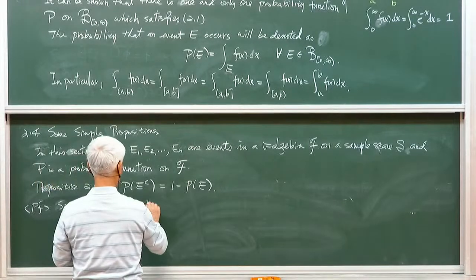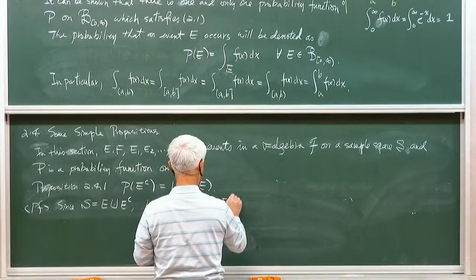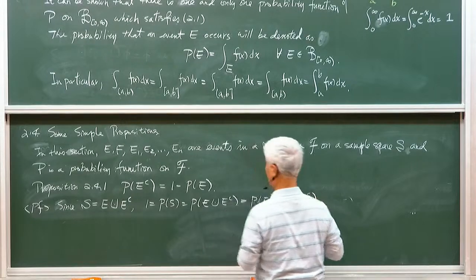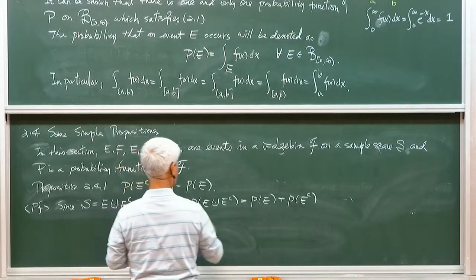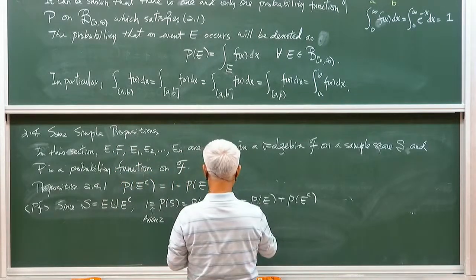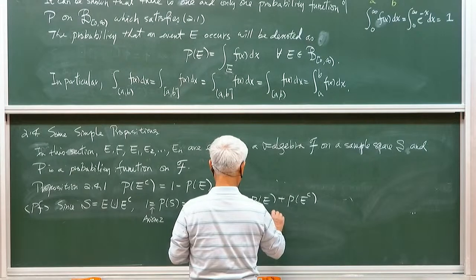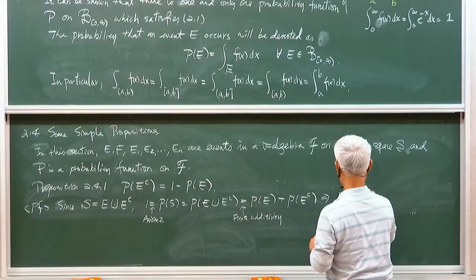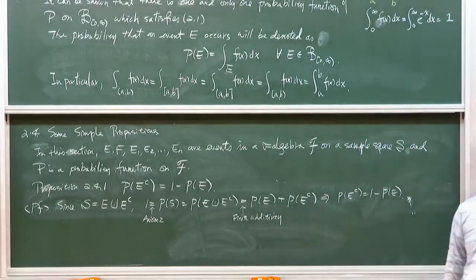So we have axiom number 2 and finite additivity, which imply that P(E complement) is equal to 1 minus P(E). So the proof is quite simple.